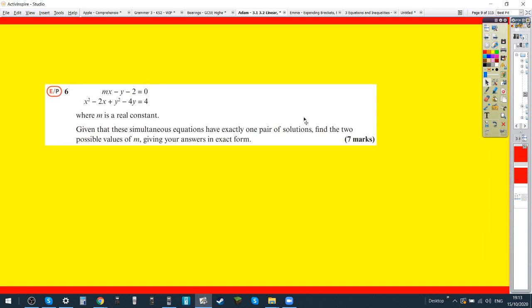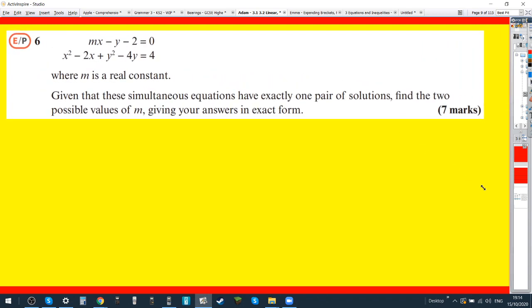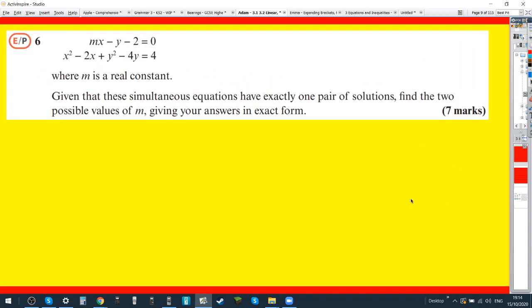Let me see. Given exactly one pair of solutions. m is a real constant. y = mx - 2. Exactly one pair. Find the two possible values of m, one pair.